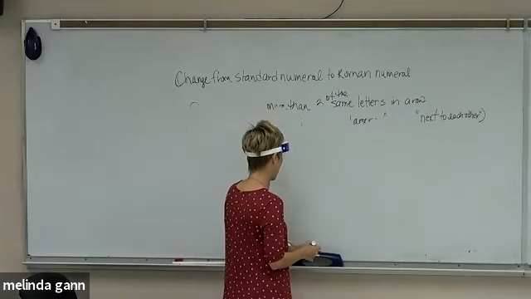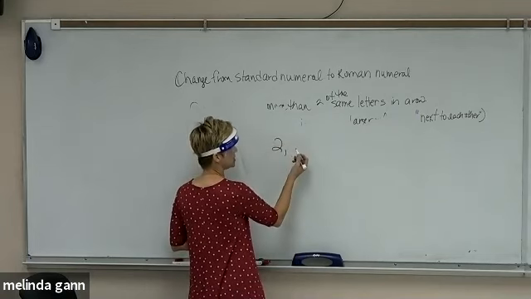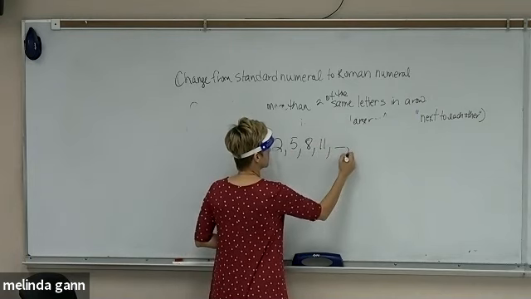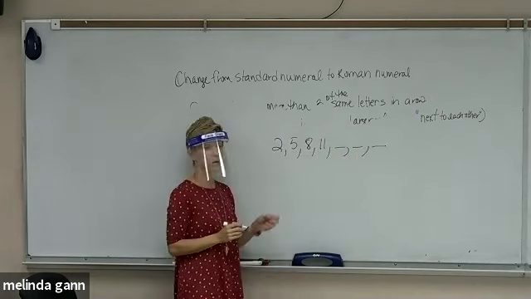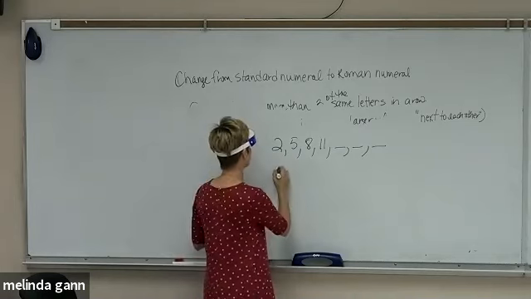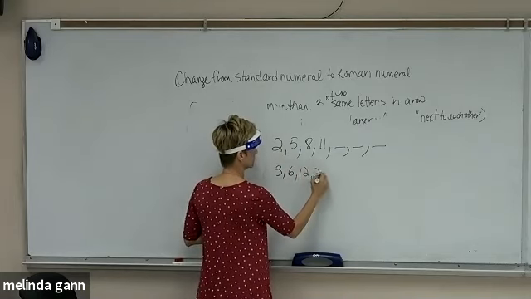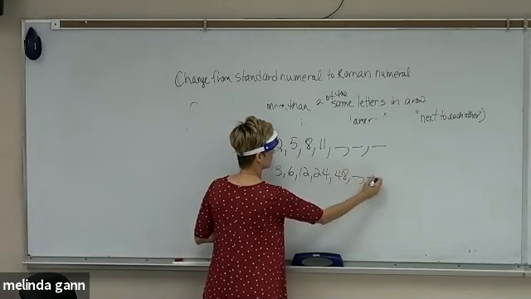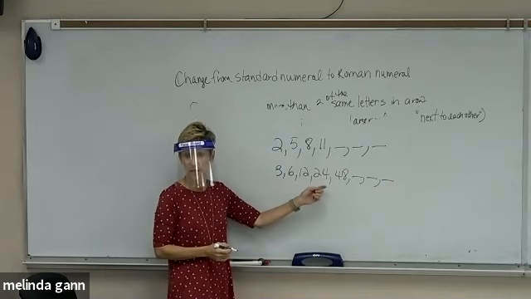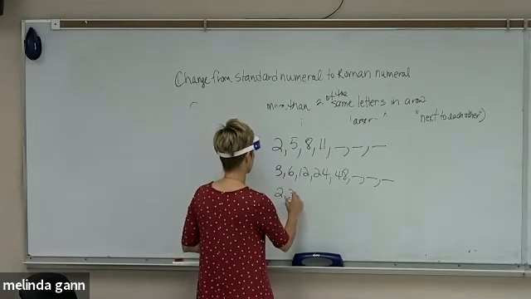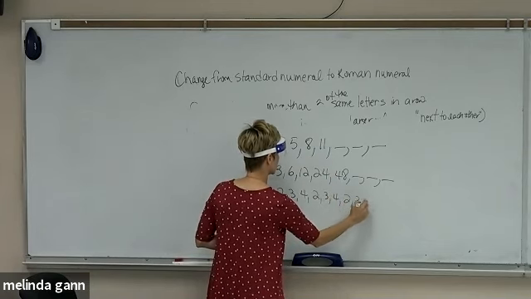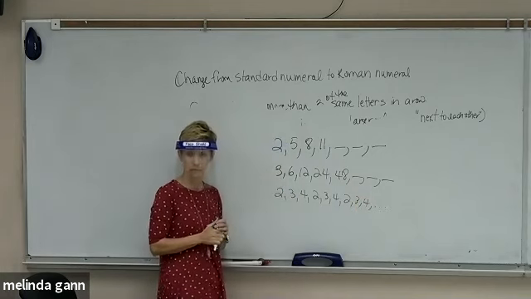Like, what if you had a pattern like this? Now this one would be geometric. I mean, this one would be arithmetic. What am I doing every time to get the next number? I'm adding 3. Okay? Multiplying by 2. This one's arithmetic, this one is geometric. What am I doing every time?